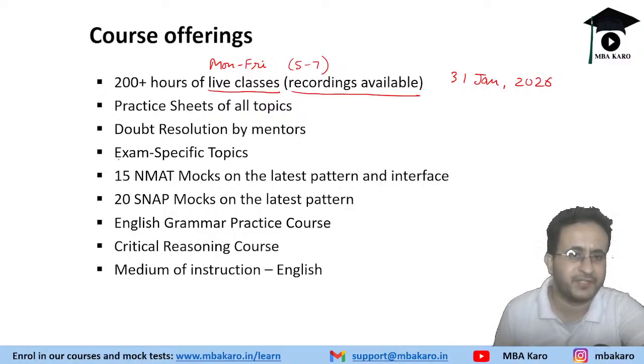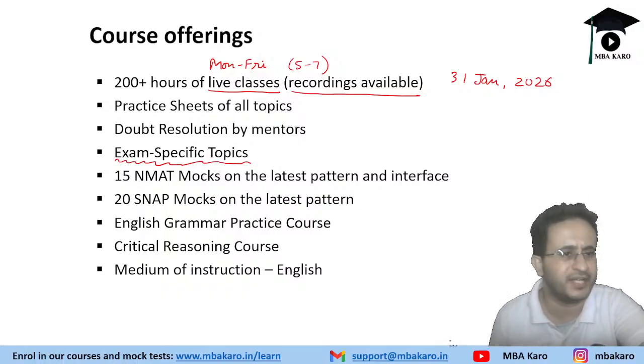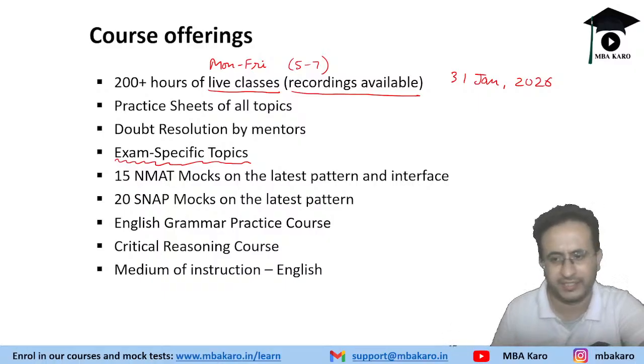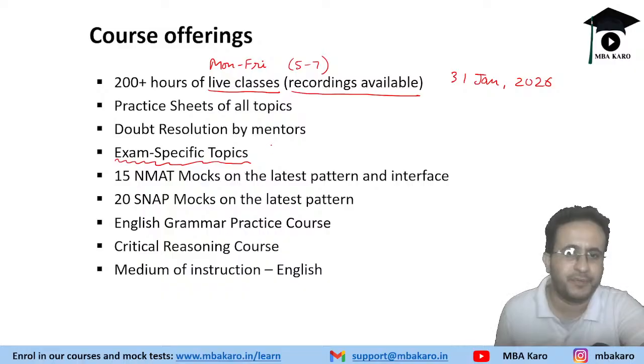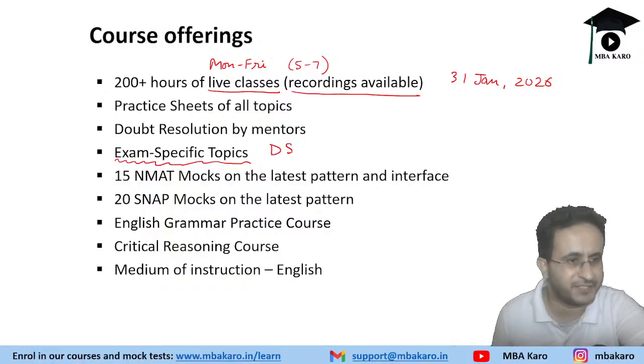Exam specific topics. This is one thing which people often miss out on. They prepare for CAT, and there are some general topics which people think they will prepare, but there are some specific topics. For example, if you are preparing for CAT, you might not have prepared data sufficiency, and there are 4 questions on data sufficiency in NMAT.